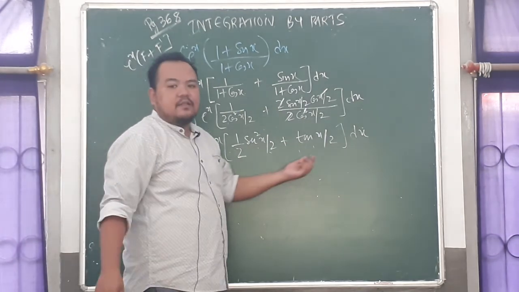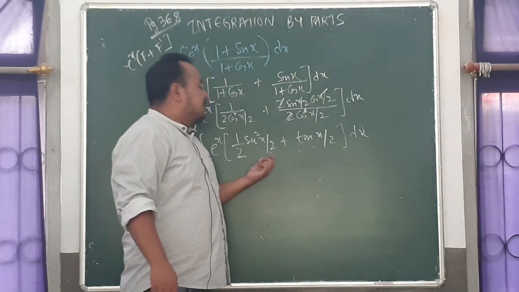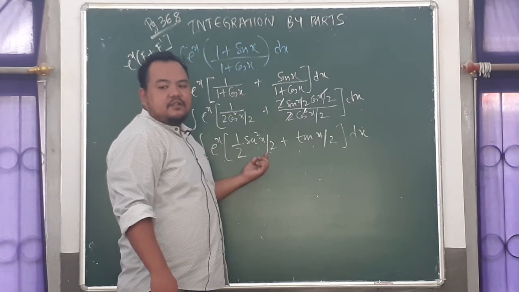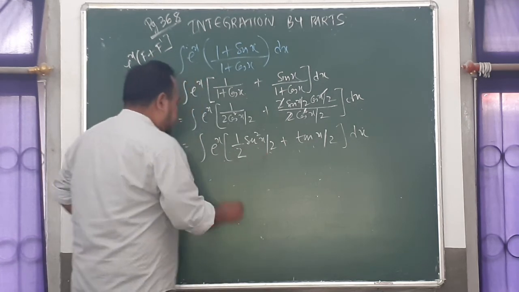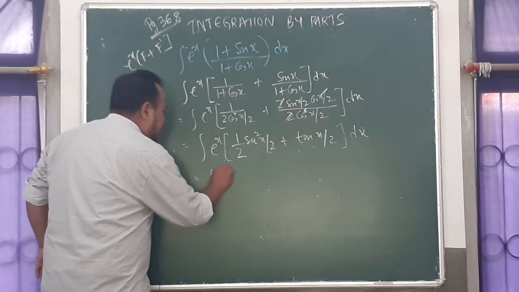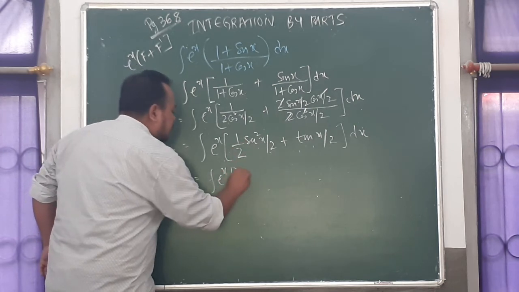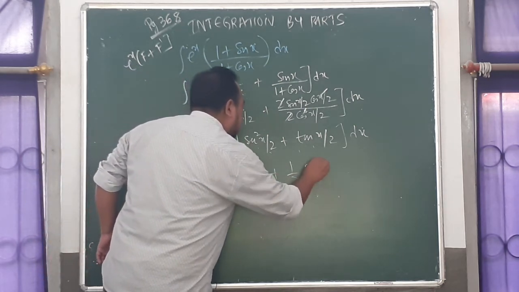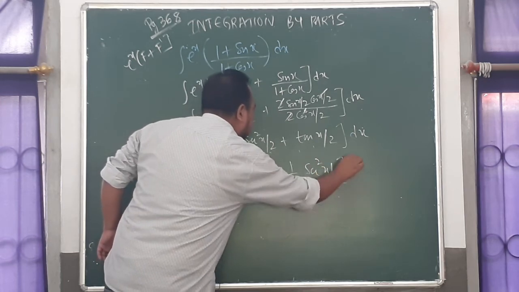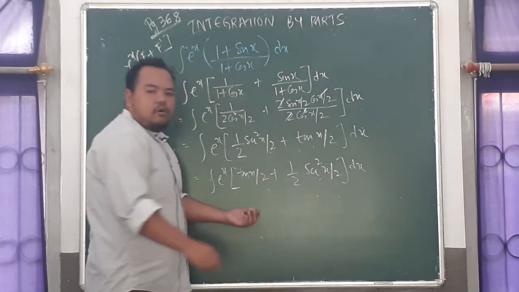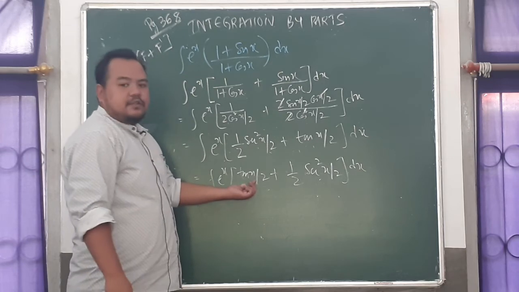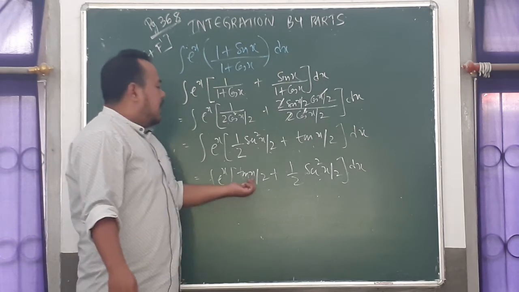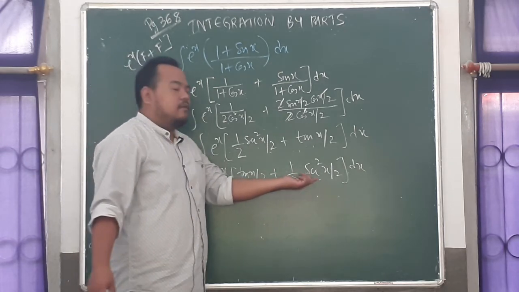So that means this is the first function and this is the second, that means the differentiated value of the first. So let me write this properly: e to the power x, tan x by 2 plus half sec square x by 2. Didn't I convert this into that form where the first is any random function and the second is the differentiated value of the first?